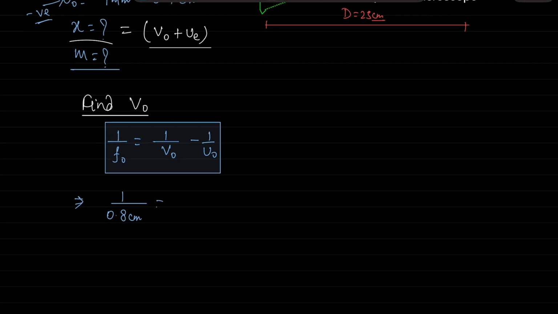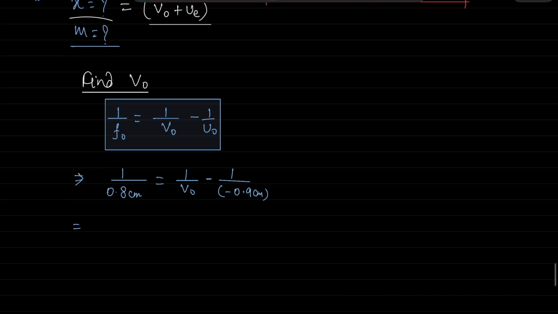So it is equal to 1 by VO minus 1 by minus 0.9 centimeter. So 1 by VO is equal to 1 by 0.8 minus 1 by 0.9.